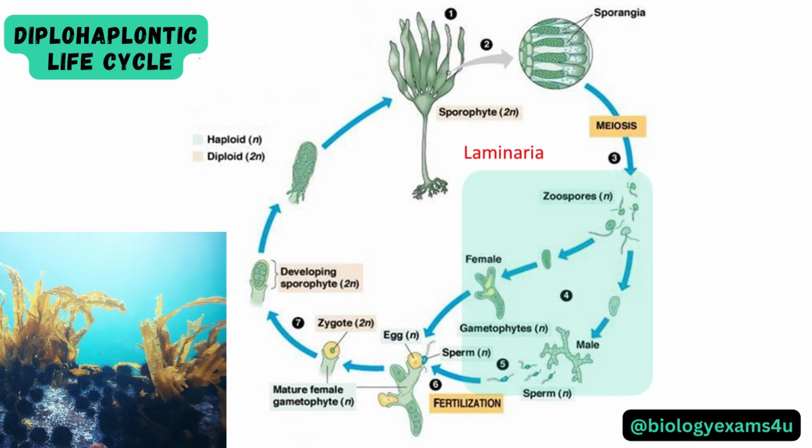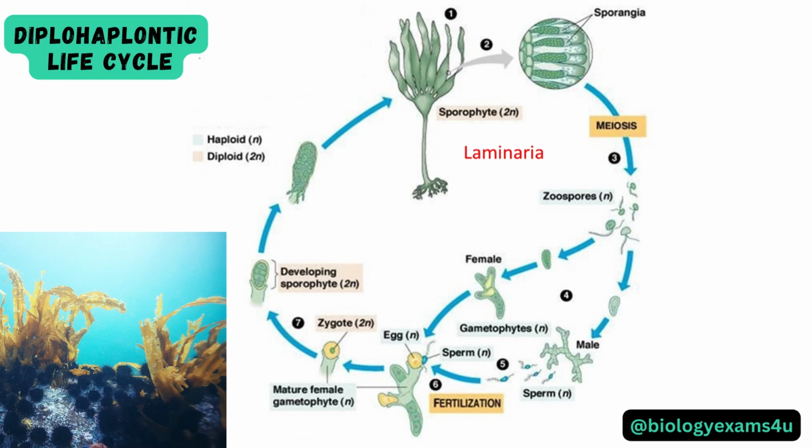Zoospores are motile spores that give rise to female gametophyte and male gametophyte. The female gametophyte forms the egg or female gamete, and the male gametophyte forms the sperm or male gamete. These fuse to form the zygote. The zygote undergoes mitosis and later forms the sporophytic diploid plant again.